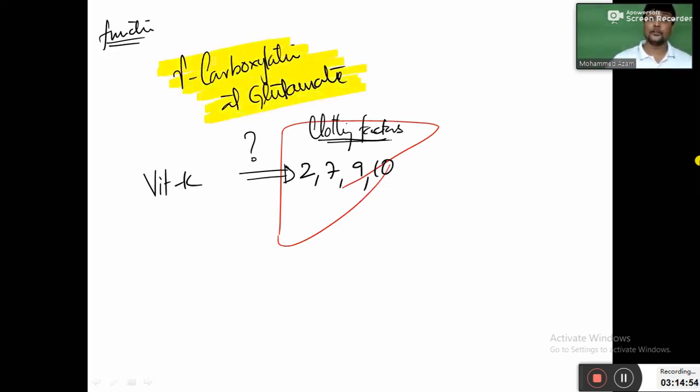These are the golden words that you have to remember for any damn competitive exam here in India. Vitamin K का काम क्या होगा sir? It's helping in gamma carboxylation at glutamate. Of which clotting factors? 2, 7, 9, 10. Is it okay?